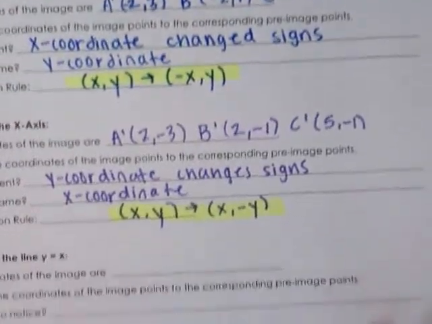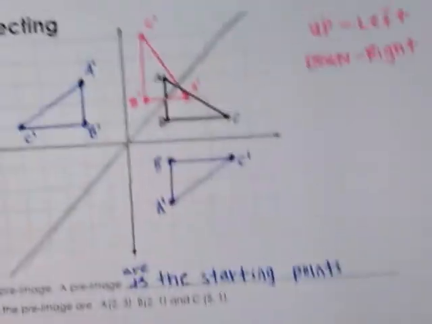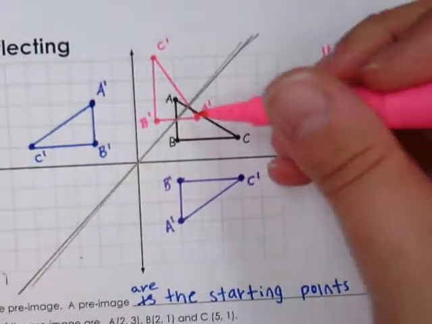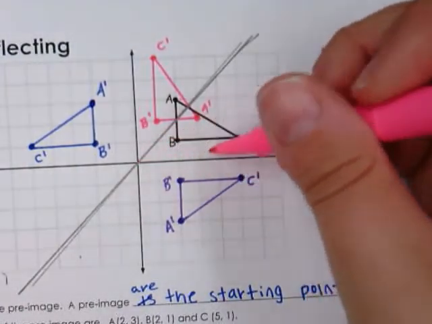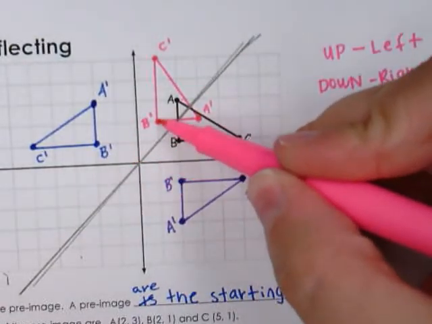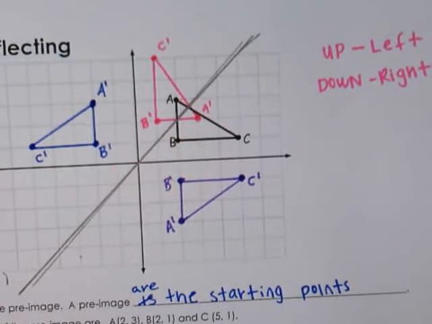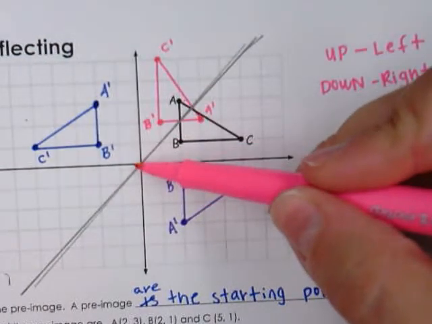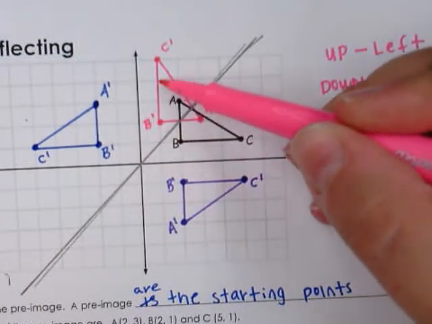Now for this one, let's label the coordinates of the image. So now A prime is at 3, 2. B prime is here at 1, 2. And C prime is at 1, 5.